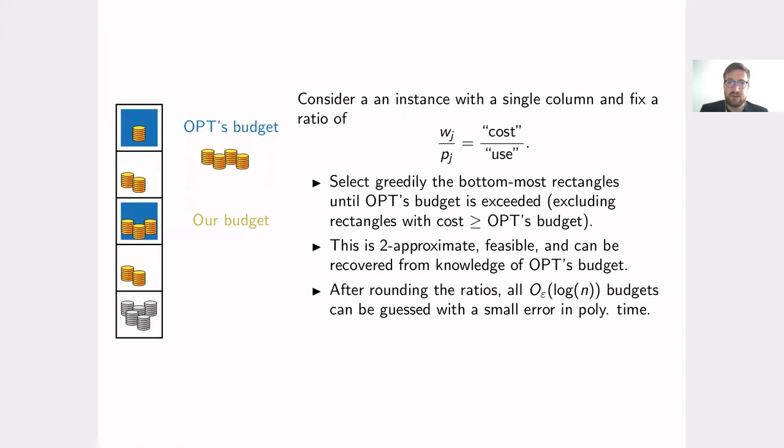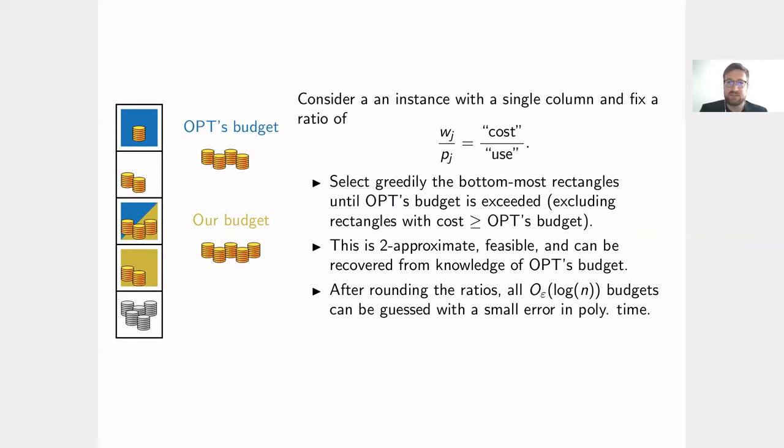Then we will start from the bottommost square, and we pick these squares until we reach a budget that's greater than opt's budget. So in this case, we take the last square. We are still below opt's budget, so we take the next square. Now we are at a budget of 5, so we are above opt's budget, and we stop.